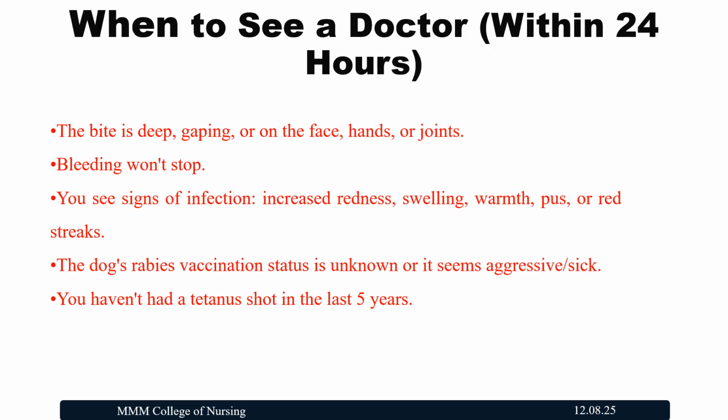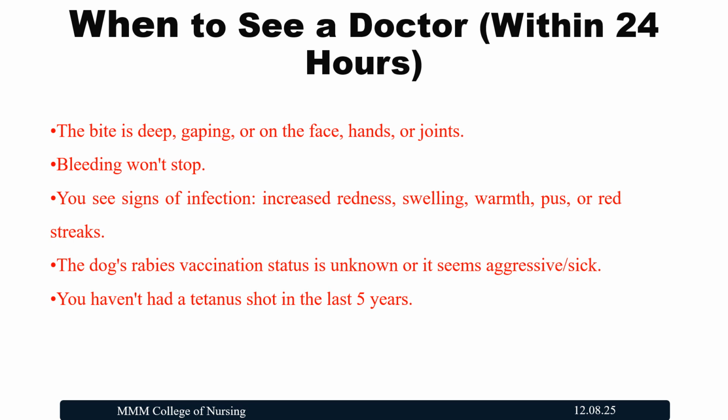When to see a doctor? Within 24 hours, we have to see the doctor. What are the conditions? The bite is deep, gaping is there in the skin, or bite on the face, hands, or joint. Bleeding won't stop. You see the signs of infection, for example increased redness, swelling, warmth, pus, or red streaks.